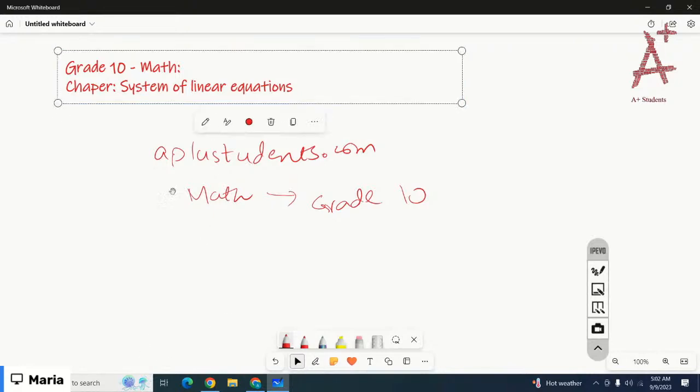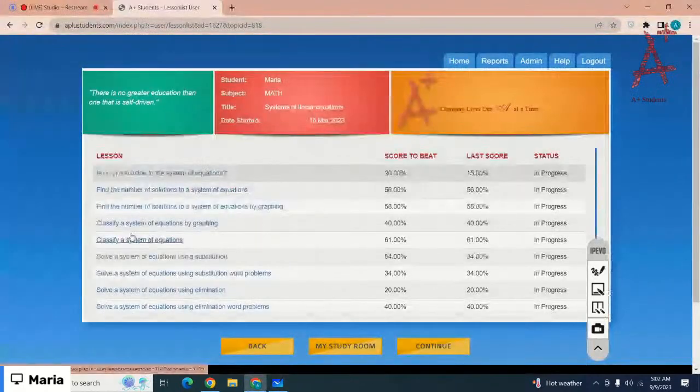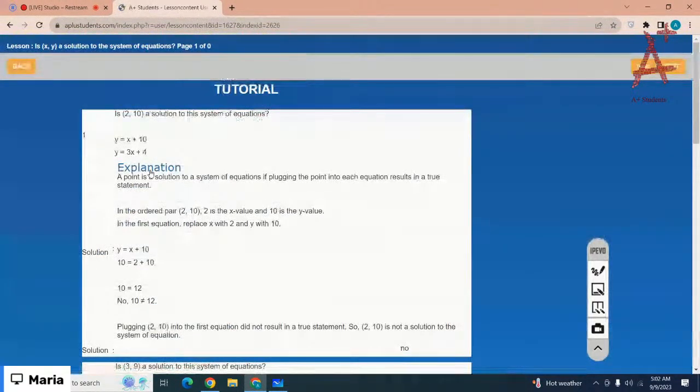So let's just start with the lesson. The first one is: is (x, y) a solution of the system of equations?